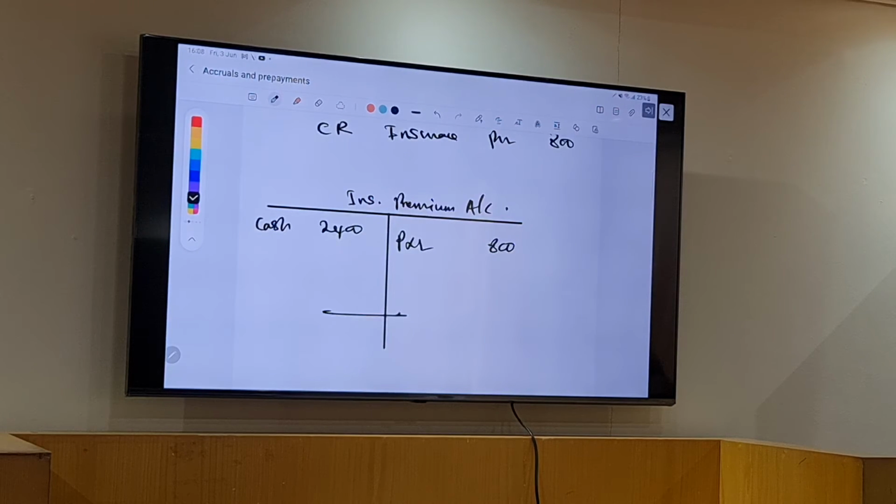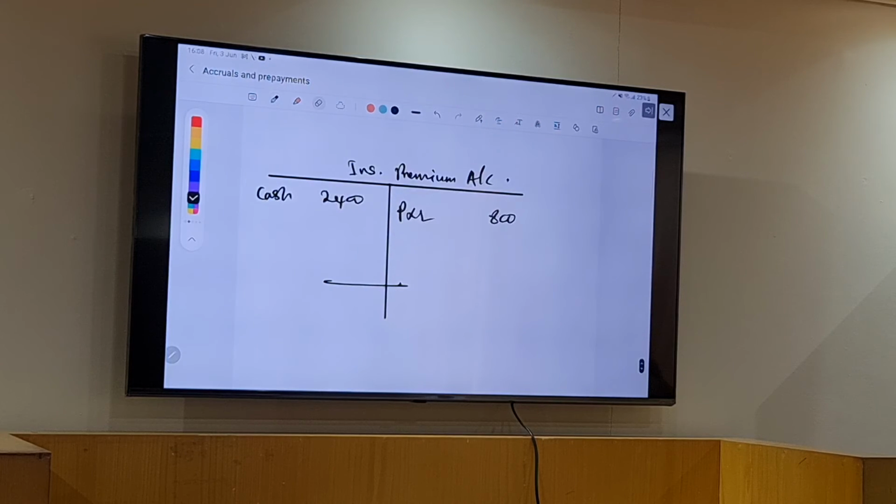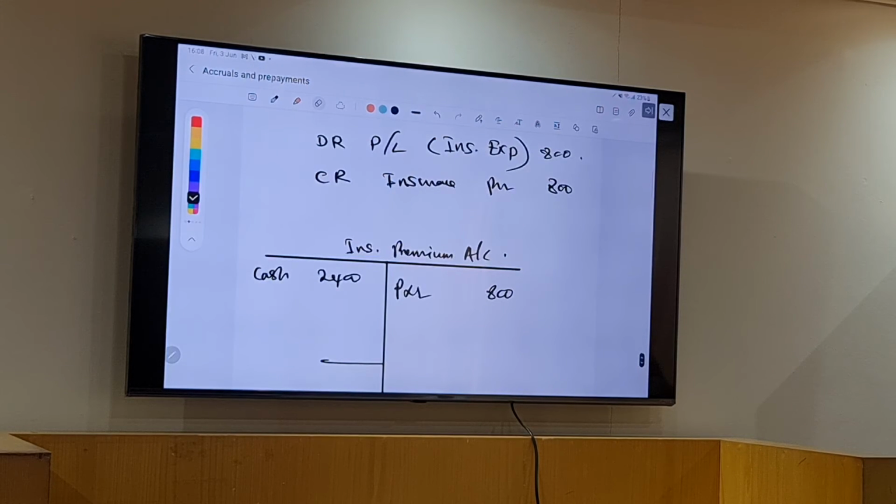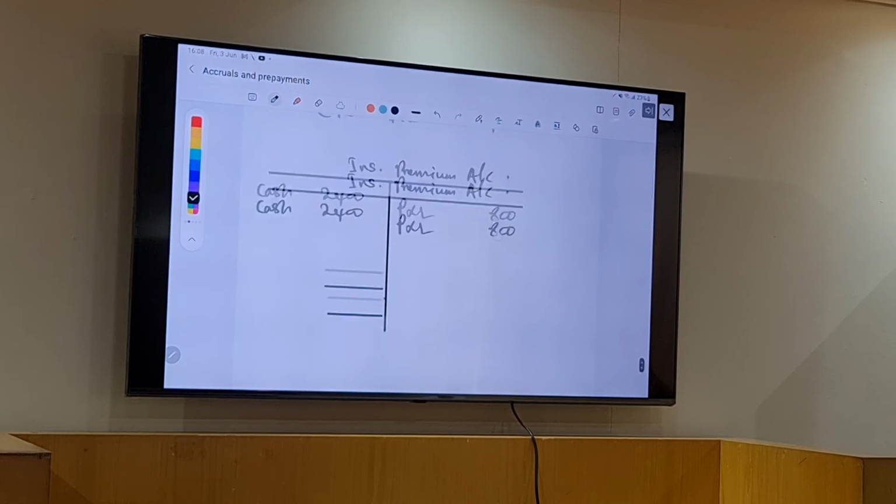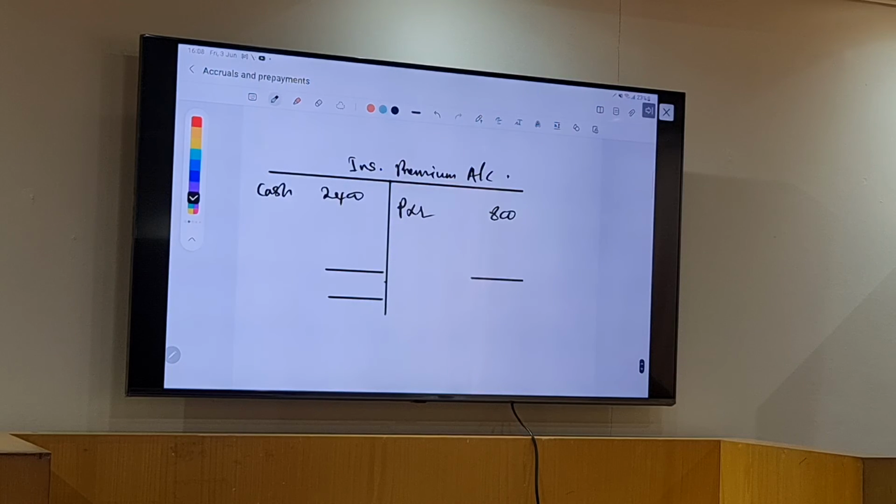So when you balance this, 2,400, what is the difference here? 1,600. This is carried forward.